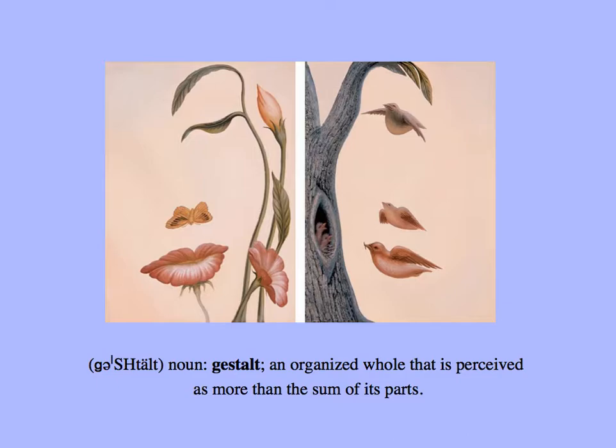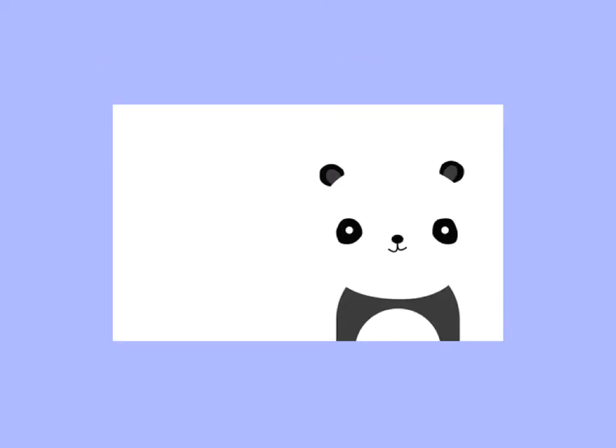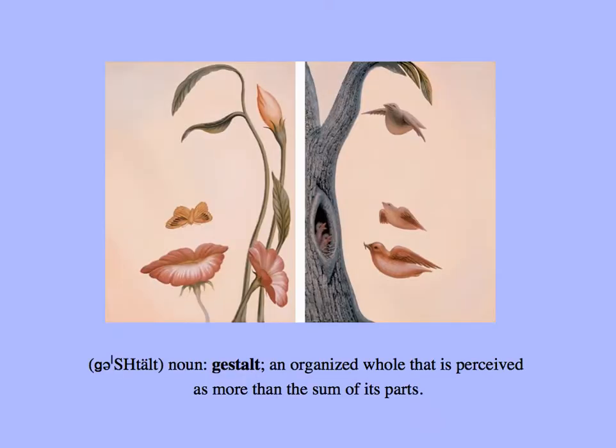So this panda is not just black splotches on a white screen, it's an actual bear with a mouth and a nose and eyes, right? And this image isn't just green leaves and rosebuds and birds flying, it's actually two faces, right? So we actively pull and organize together the parts of something that we see, and we make them into a whole, an organized whole.